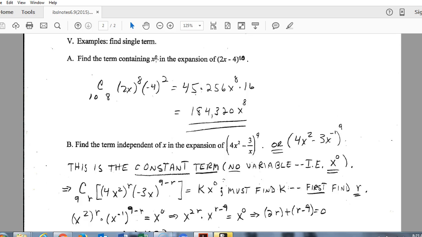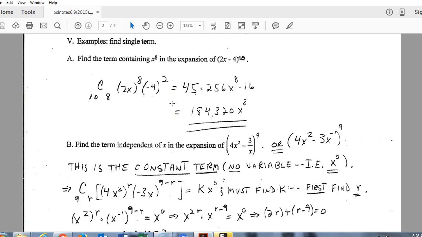Because the order can change, they would identify it as the x to the 8th term. So we are finding the term in the sequence that would have x to the 8th as its variable and exponent. So to do this, if I'm only looking for one term, I don't really want to do the entire expansion just to get one term. So instead, we use the formula that I was just showing you in order to find it.